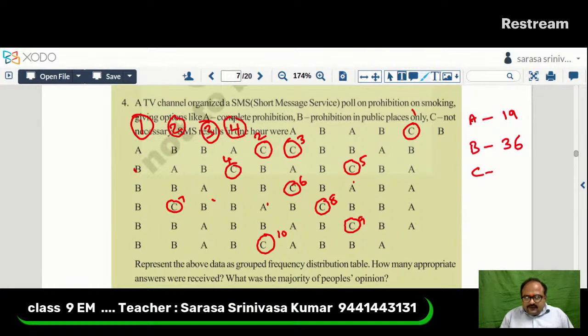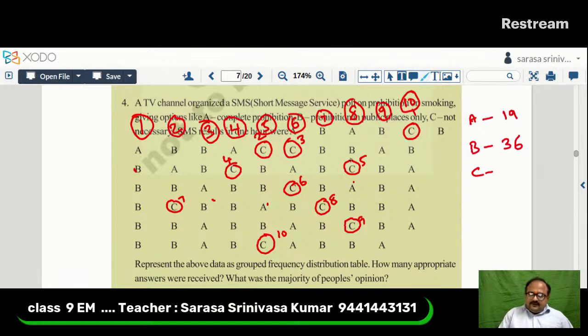Fourth, fifth, sixth, seventh, eighth, ninth, tenth columns are verified.